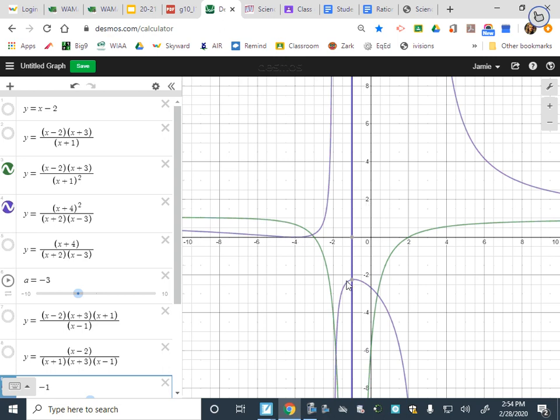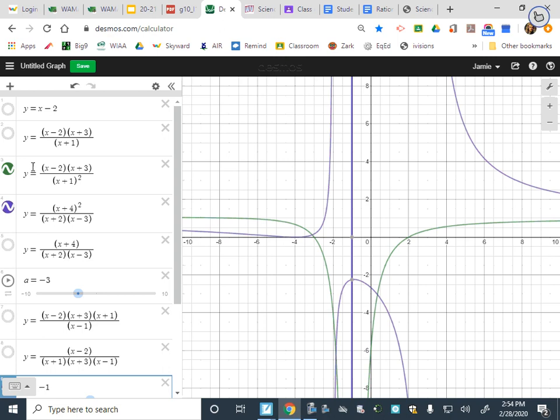When we had a multiplicity on this vertical asymptote, it was below the x-axis, and on the other side it was still below the x-axis, so it didn't cross to the other side. So the other way to think about even multiplicity is it doesn't allow you to move to the opposite side of the axis from where you were.